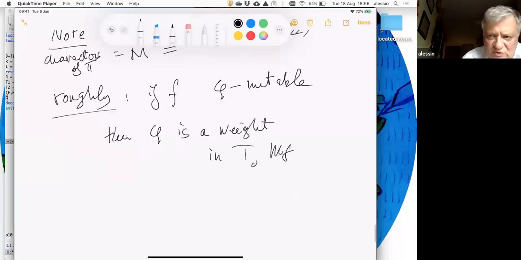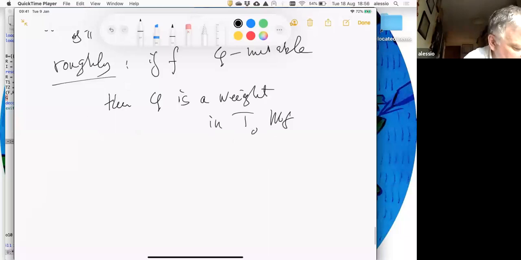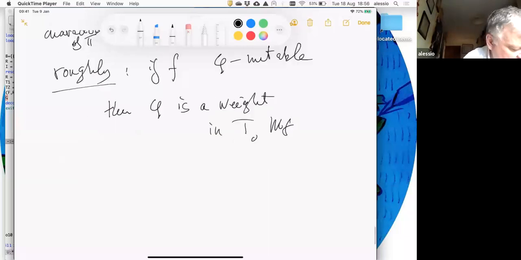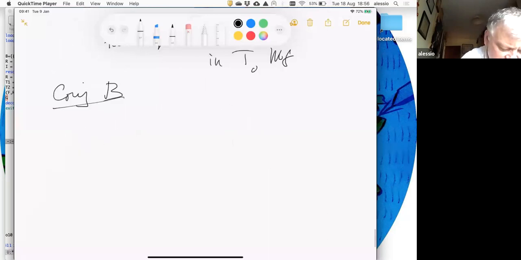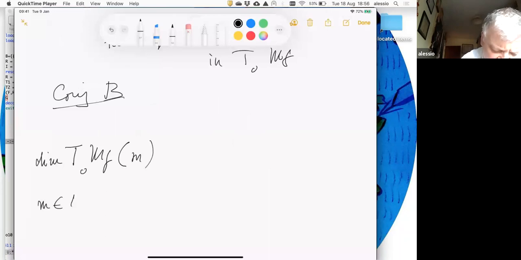So you only need to correct this a little bit, and I'll just tell you very quickly how you need to correct it. So in fact, let me just say it. Conjecture B. So the dimension of, I look at this tangent space at the origin, and I look at the part of weight M, where M is an element of the character group of the torus.